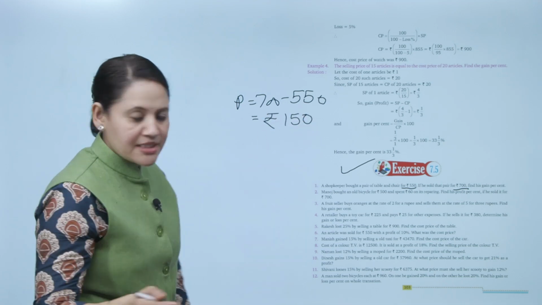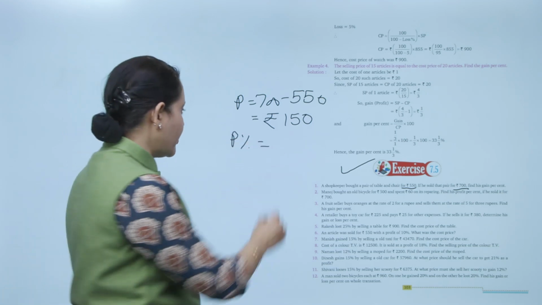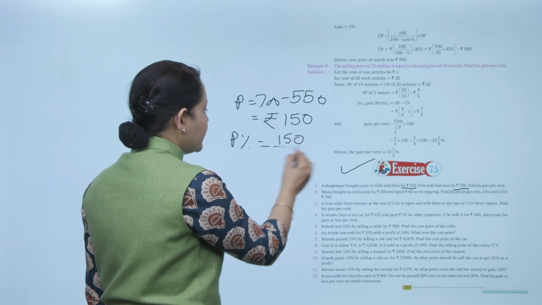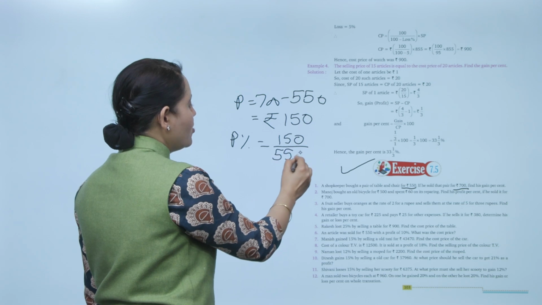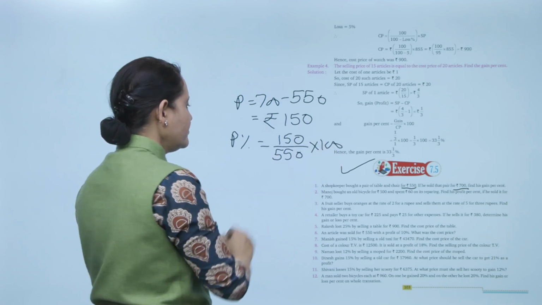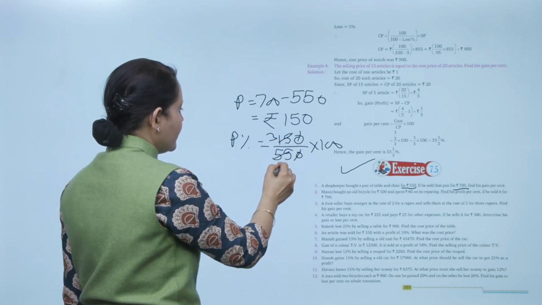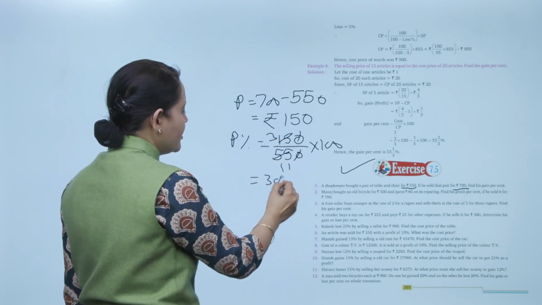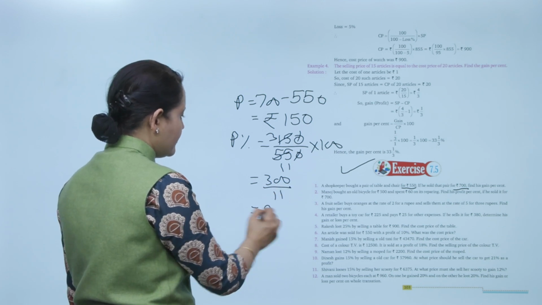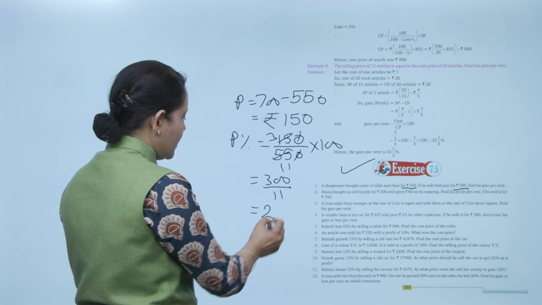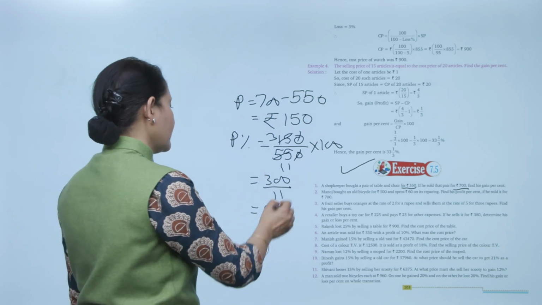Now we have to find the profit percentage. Profit percentage that is equals to profit upon CP, CP 550 rupees, into 100. 0 से 0 कट हो गया. 5 3s are 15, 11. यानी 300 upon 11. 11 7s are 77 हो जाएगा. 3.